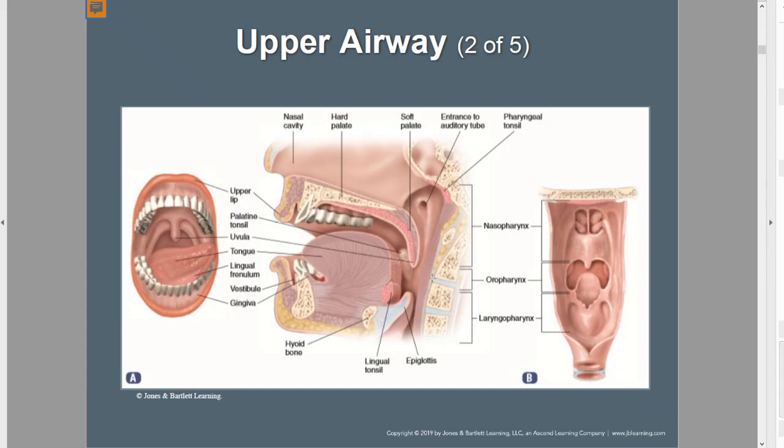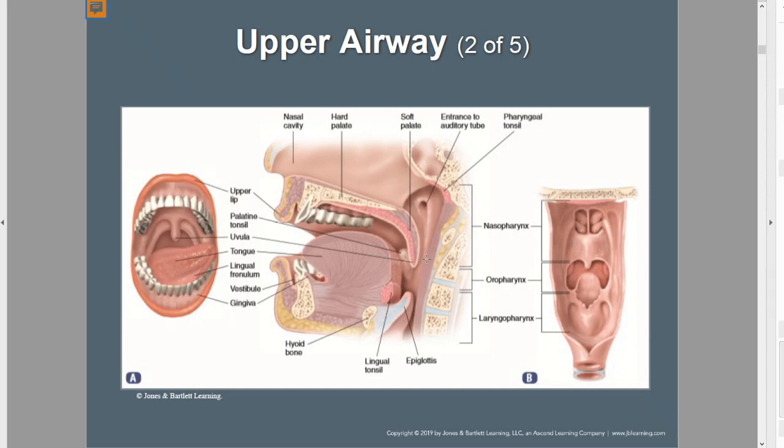And here we can see that we have the epiglottis, right? Okay, nasopharynx, your oropharynx, your laryngopharynx. That's very important because you could get questions wanting to know something about the anatomy.